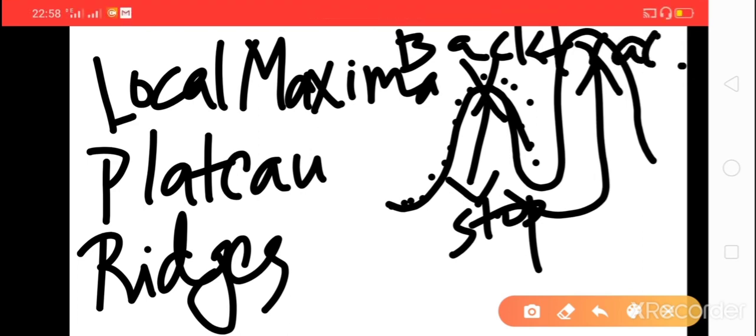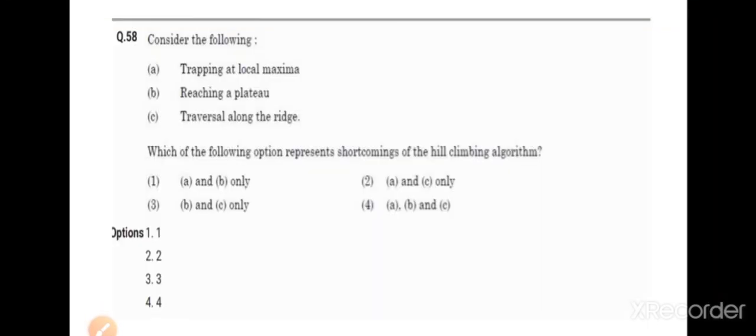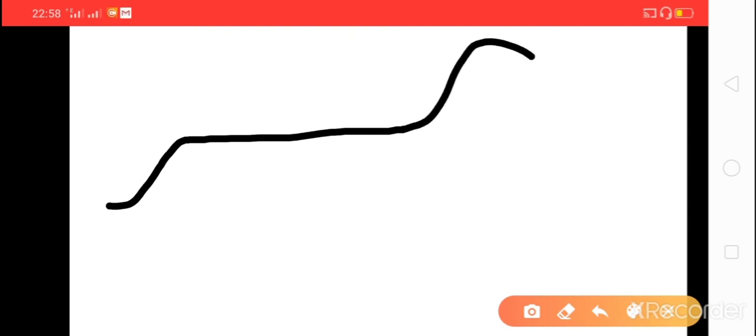The next problem is plateau. Plateau means the algorithm starts, and at some point all the nearby points have the same value, and then there is a peak.